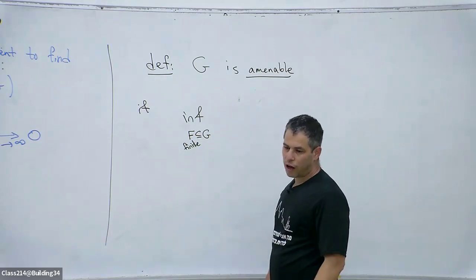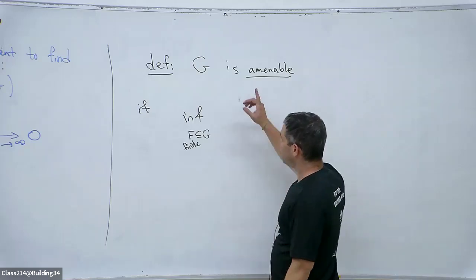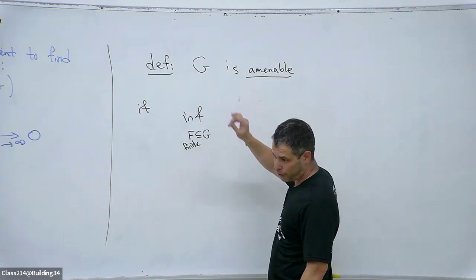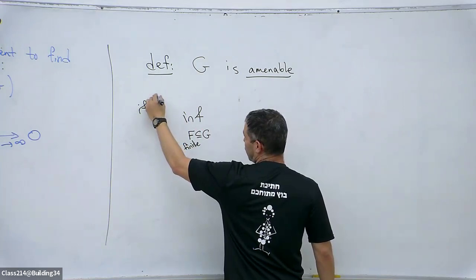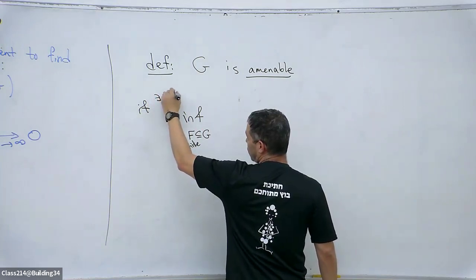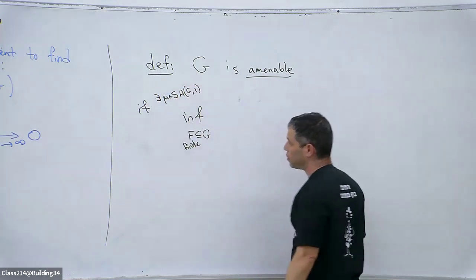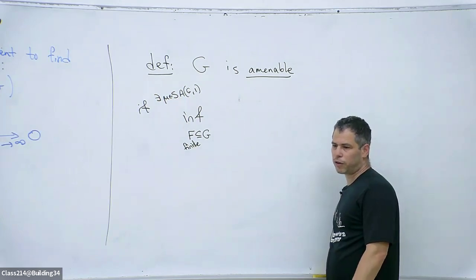Of what? I want to take the infimum over the probability, so there is going to be a mu involved. There's going to be a random walk involved, a symmetric random walk. So if there exists mu in SAG1, let's say, it's not so important, but it just needs to be symmetric and adapted.